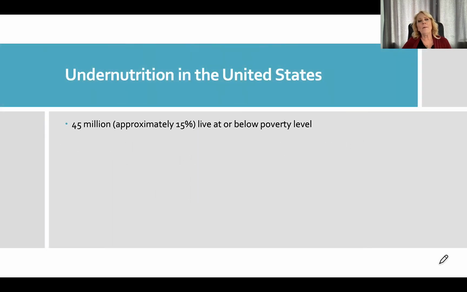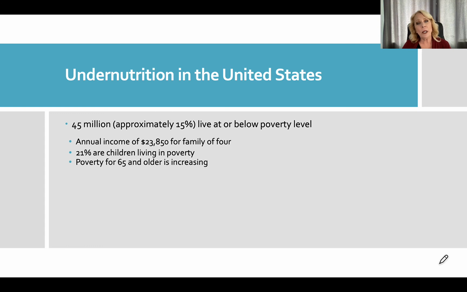So again, about 15% of our population live at or below poverty level, which is about 45 million people. That's pretty significant. The annual income of these individuals is about $23,850 for a family of four. That is not much money in the United States to live off of.